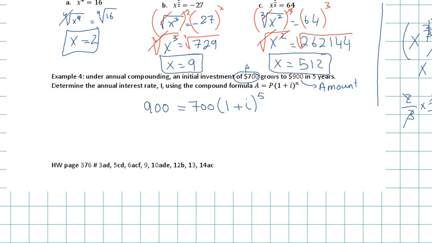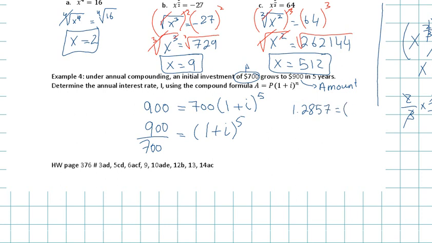What's 900 divided by 700? 9 by 7 is one and some, 1.2857. So I got rid of the 700.